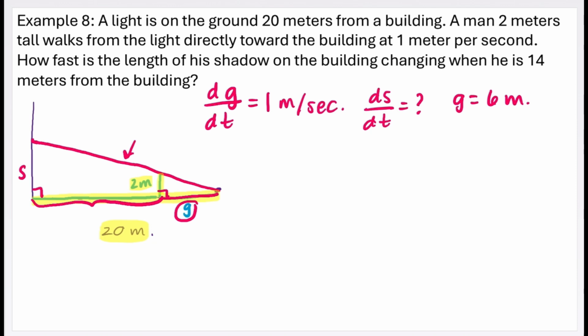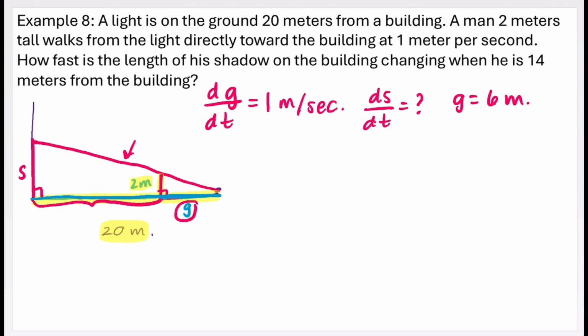The large triangle and the small triangle are actually similar triangles, which means that their sides are going to be proportional. So we can set up proportions with their sides and set them equal to each other. So for example, like this side over this side should equal this short side over the whole short side.